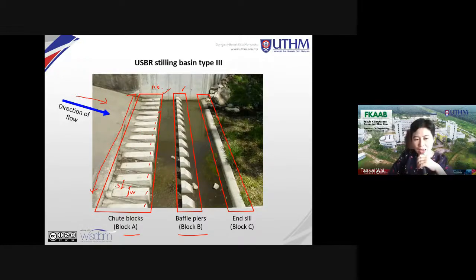So actually S and W is what we are going to design. We have S1, W1, and of course we also have H1.